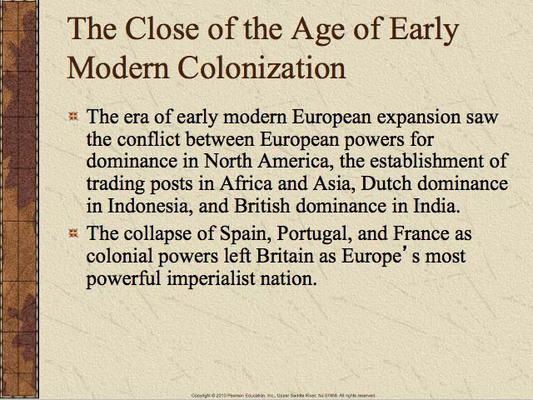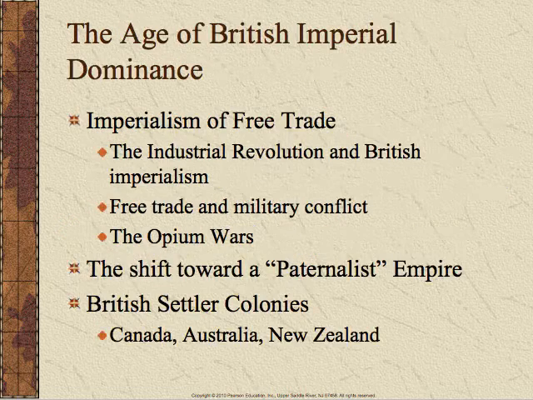By this time, the Qing Empire in East Asia had really begun to experience a great deal of weakness. So really the British are the movers and shakers in the imperialism movement, and other European states, as well as non-European states, the Japanese and the United States for that matter, will be playing catch-up.